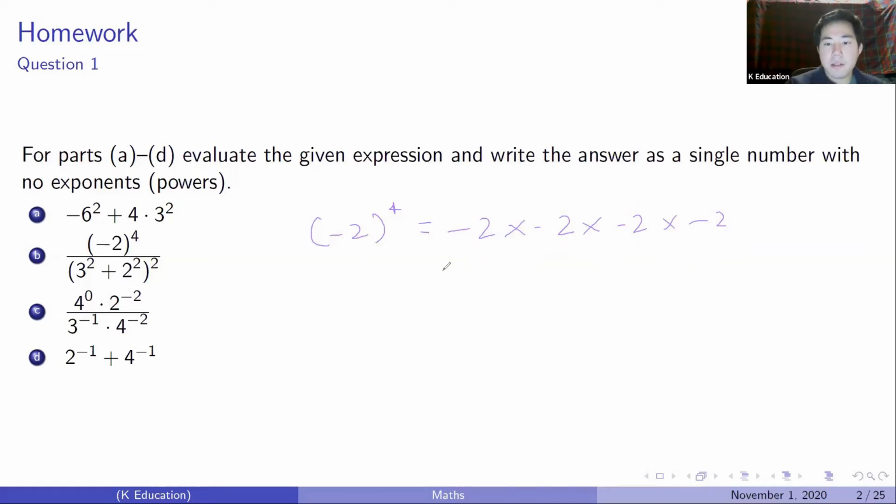So (-2)⁴ is the same as 2⁴, which is 2 times 2 is 4, times 2 is 8, times 2 is 16.